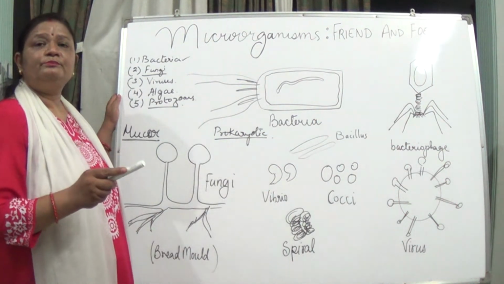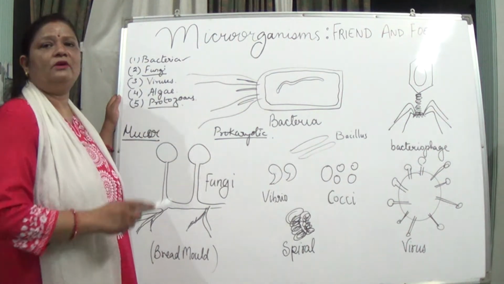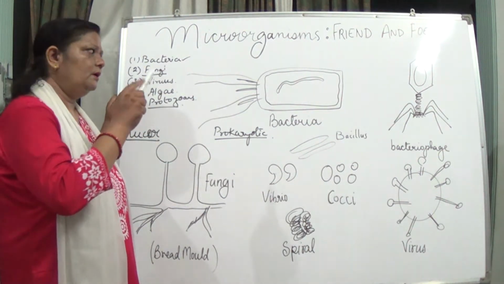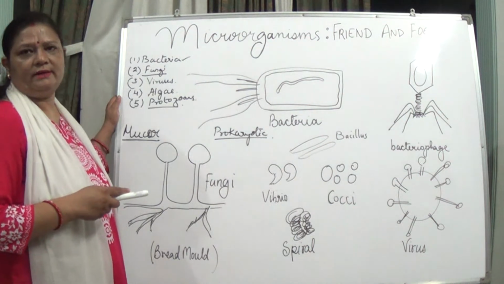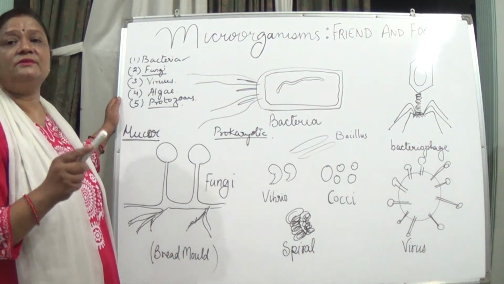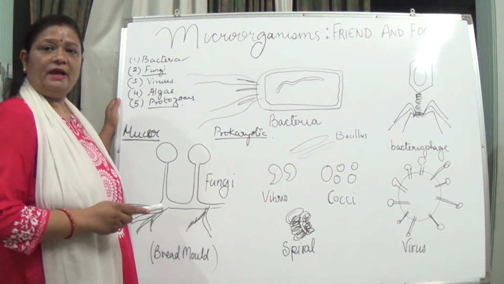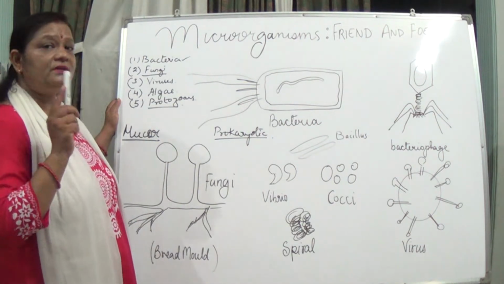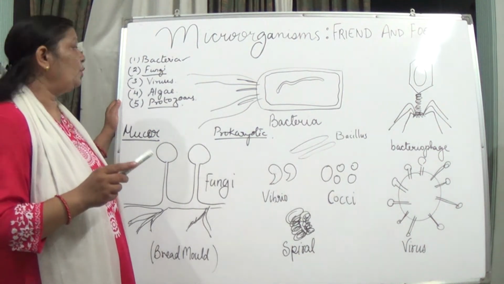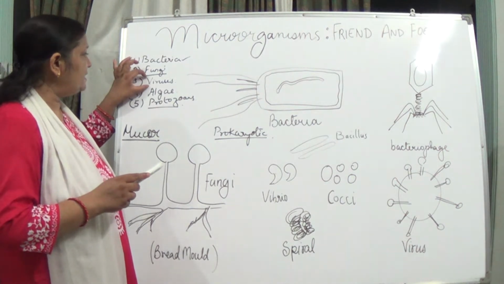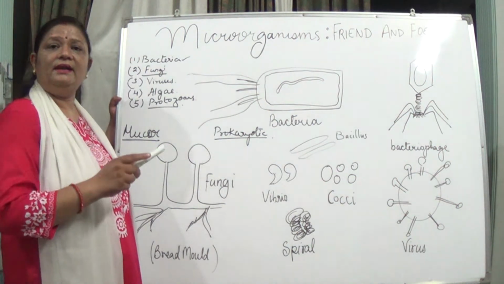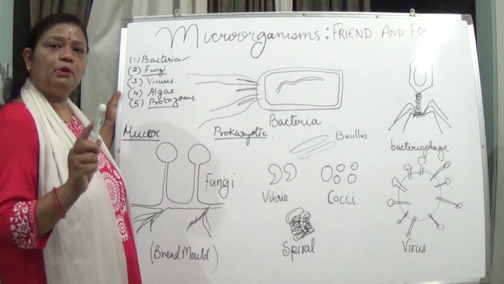But when they infect any living organism, they penetrate into it and start multiplication. And when they start multiplication, now they are living. So we can say this virus is the connecting link between living and non-living.